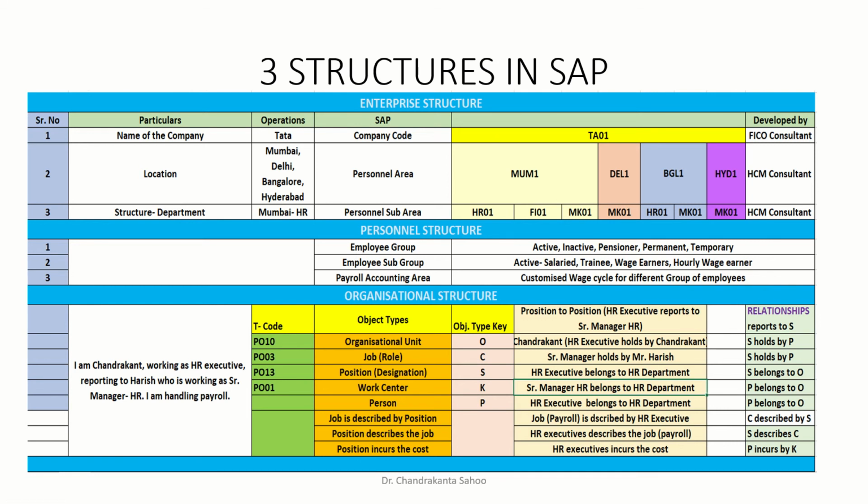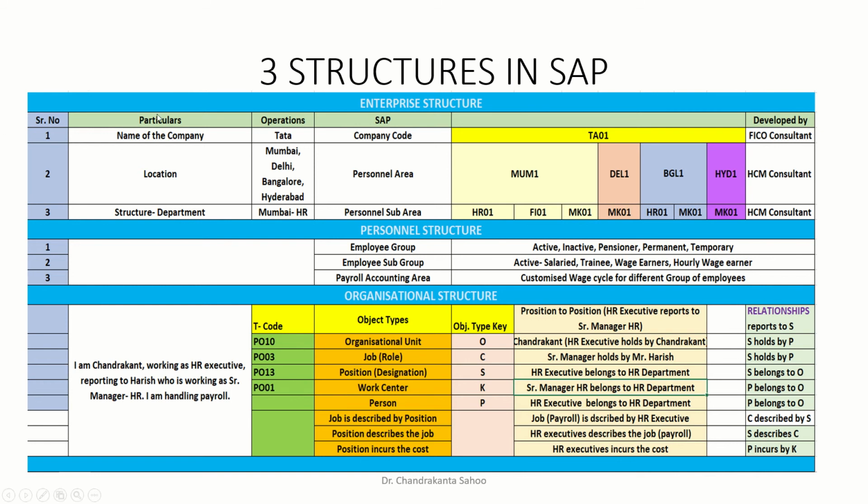This is created by the FICO consultant. The HCM consultant should not dare to do it because it is not his role, and it would conflict with roles inside the organization. But he must understand what his role is and what the role of the FICO consultant is.